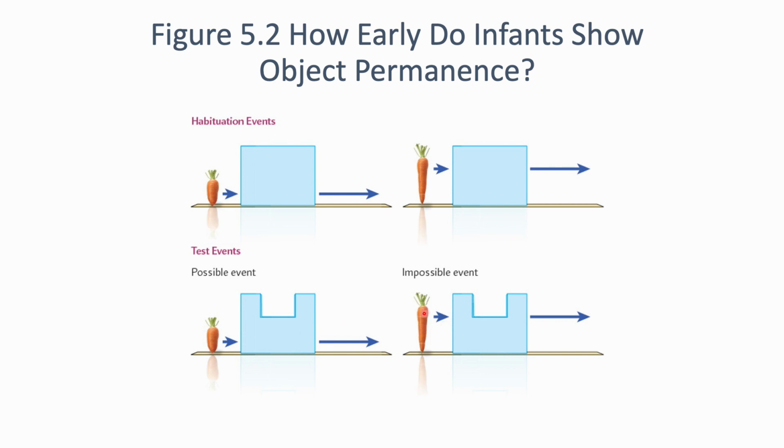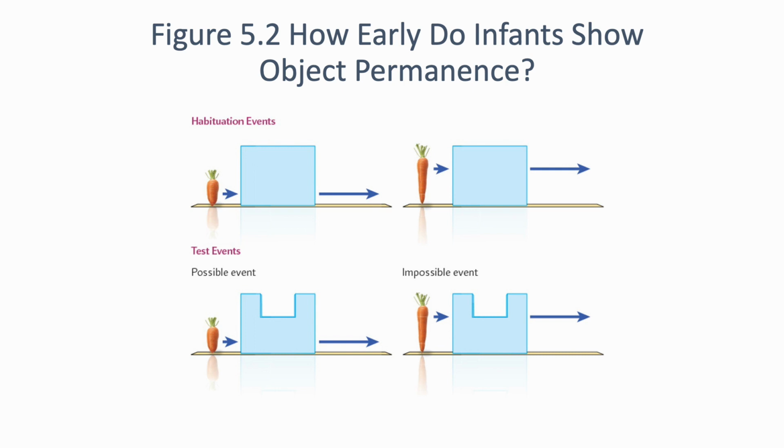But if you put this large carrot with a notch, and the carrot, when it goes behind here, should be visible here, the babies will look at this with surprise. They will look at this longer than they look at this. And that is because they expect to be able to see the carrot here.